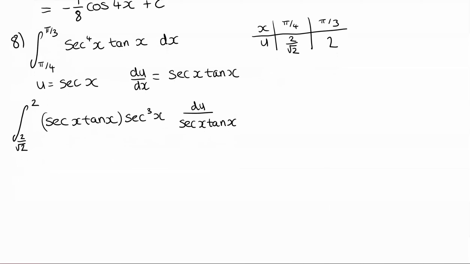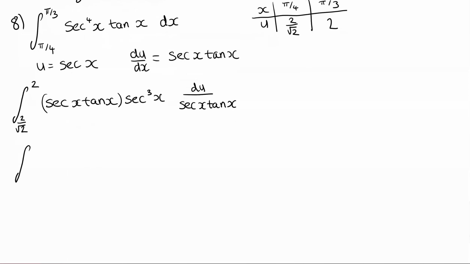And the reason why this works is because if you replace the dx with du over sec tan, the sec tans are going to cancel, and sec cubed can just get replaced with u cubed. Sec is u, so if you're cubing it, you're going to have u cubed.